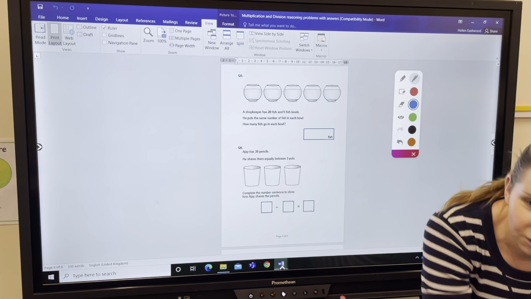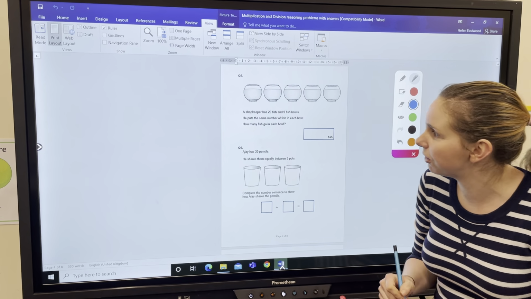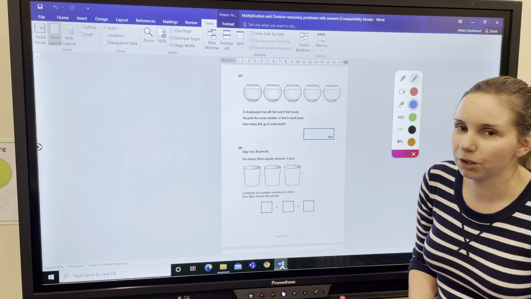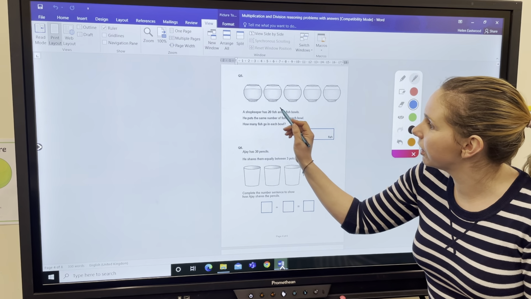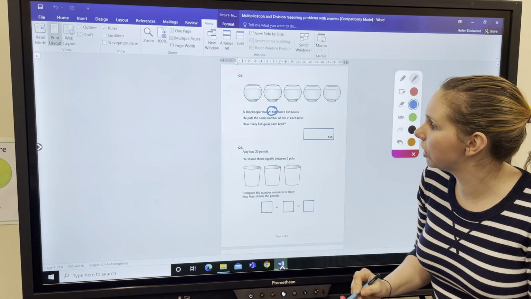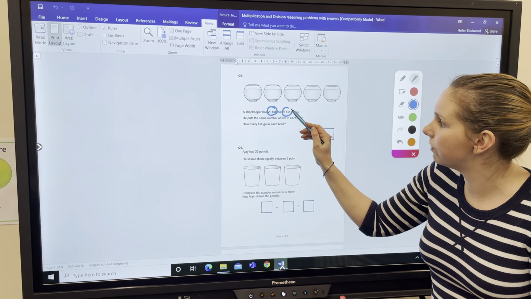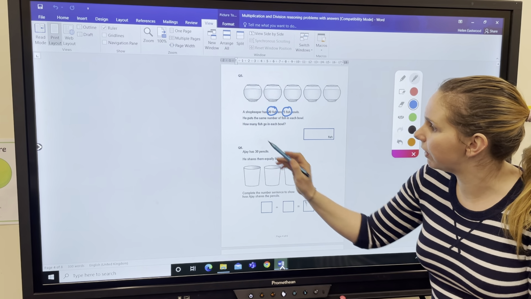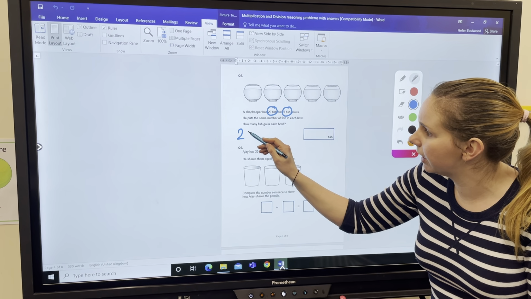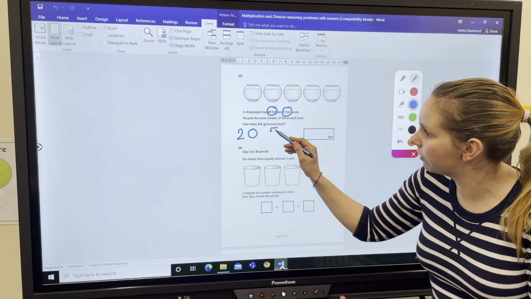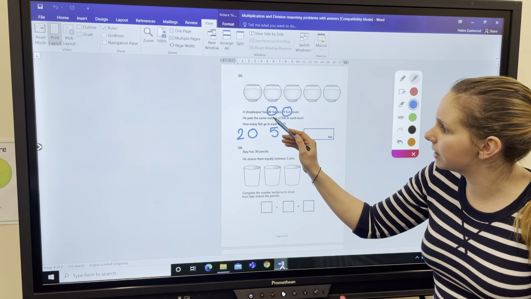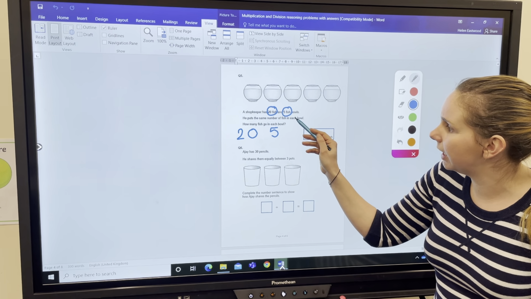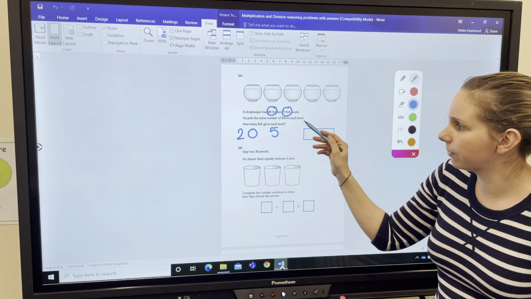Hopefully you're realising these are just all our multiplication questions so far. Now let's have a look. A shopkeeper has 20 fish and he has 5 fish bowls. He's got 20 fish. I'm going to write that down. And he has 5 fish bowls. He puts the same number of fish in each bowl.